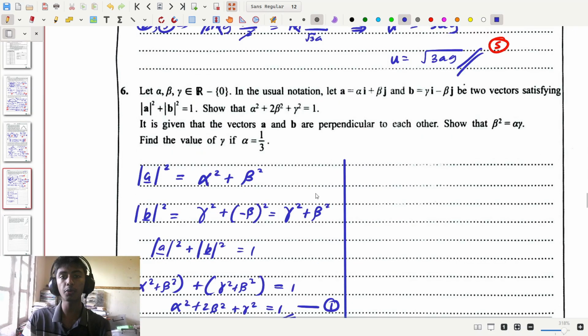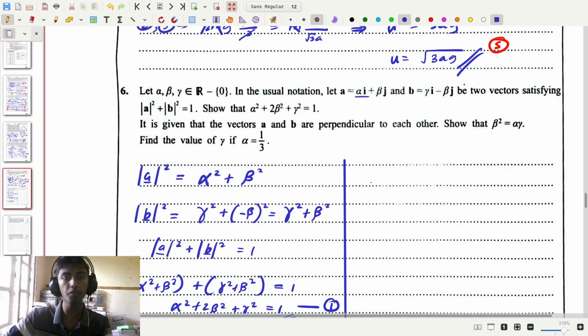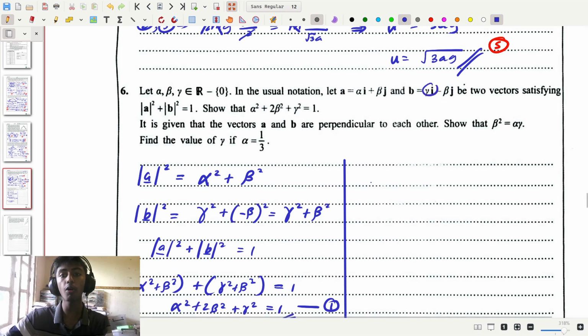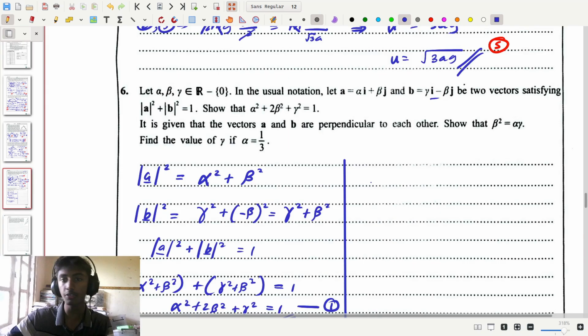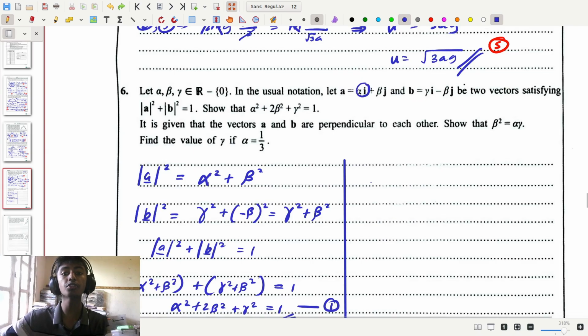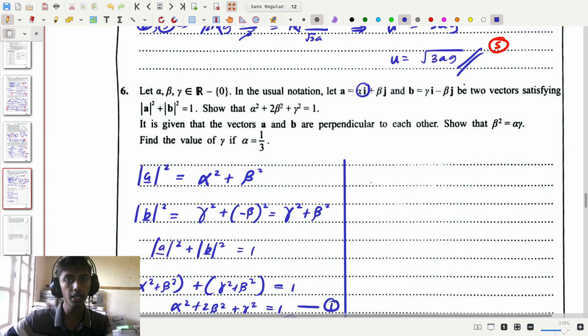Now if we consider what we have, again we have two unit vectors perpendicular to each other and coefficients of them, and in B also we have two unit vectors with coefficients in front of them, and these two unit vectors are perpendicular to each other. So we know if we have two vectors of this form, when we take the dot product, it is simply going to be the two coefficients of the i vectors multiplied together plus the two coefficients of the j vectors multiplied together.